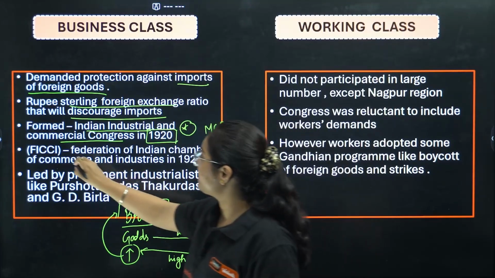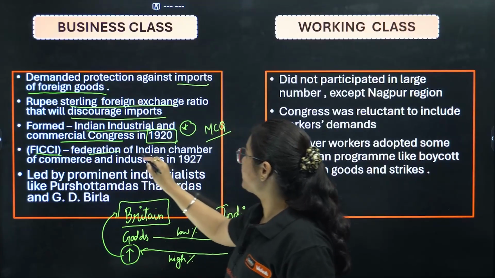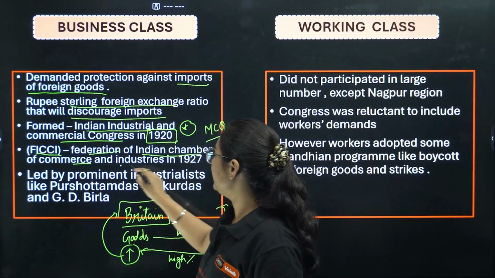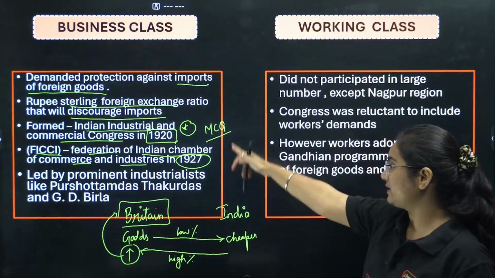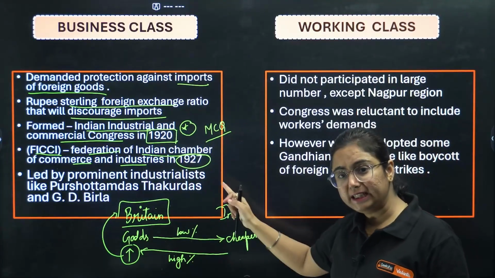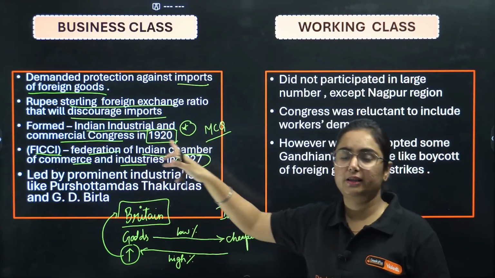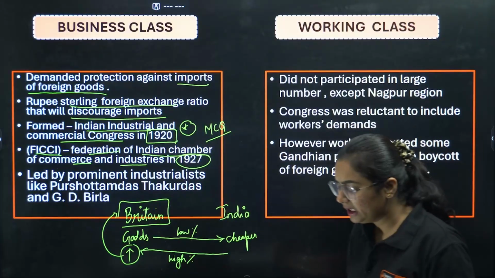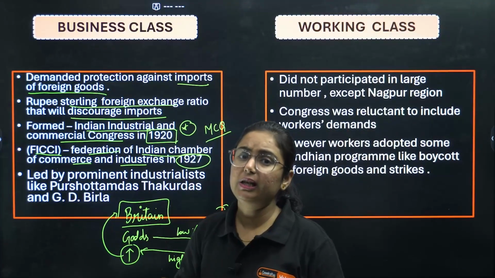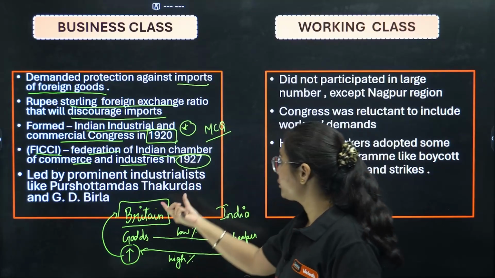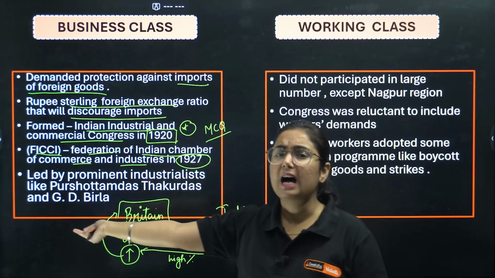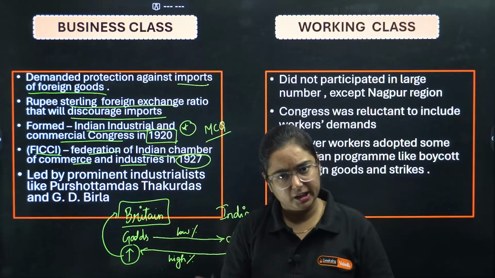The second one is FICCI, that is the Federation of Indian Chambers of Commerce and Industries, formed in the year 1927. And we know that these industrial groups were basically led by prominent industrialists like Purushottam Das, Thakur Das, G.D. Birla and many more in the list. Did you get the point?